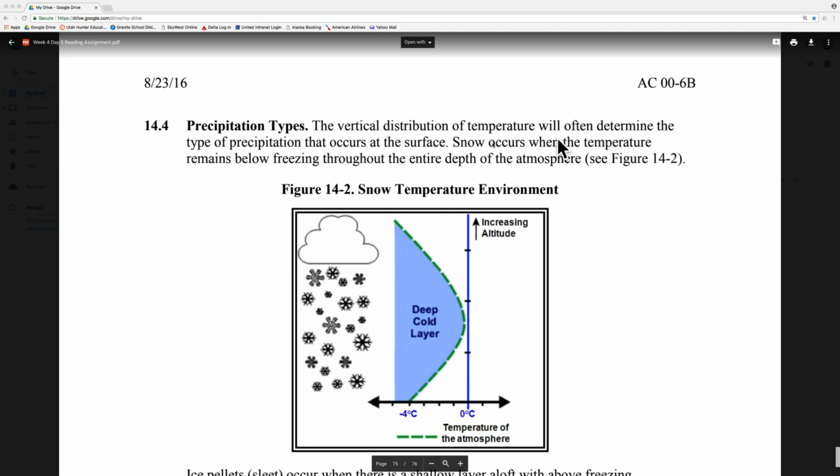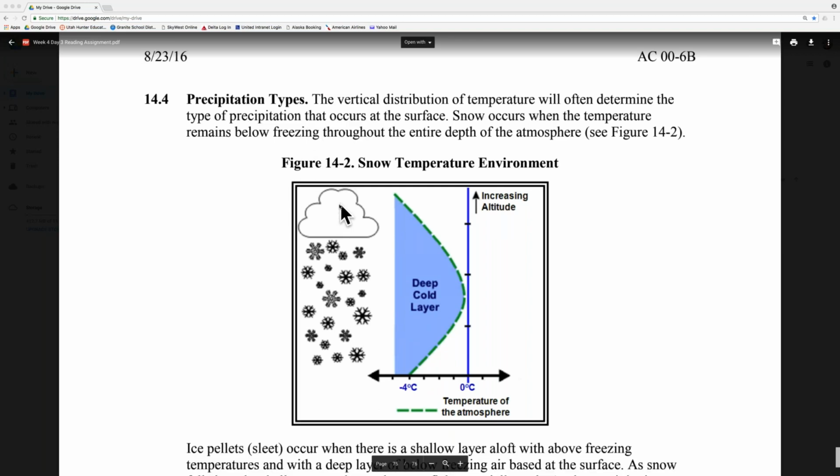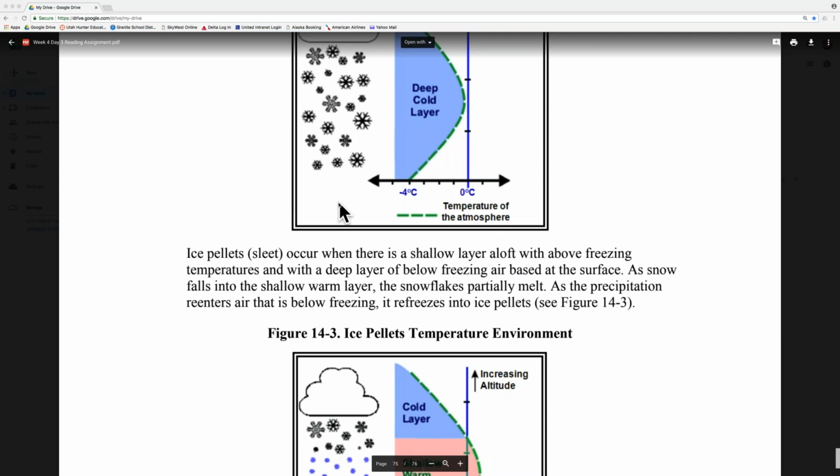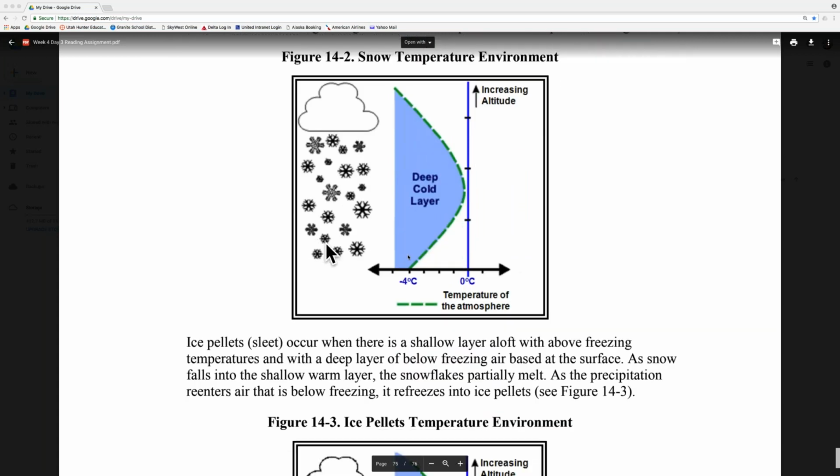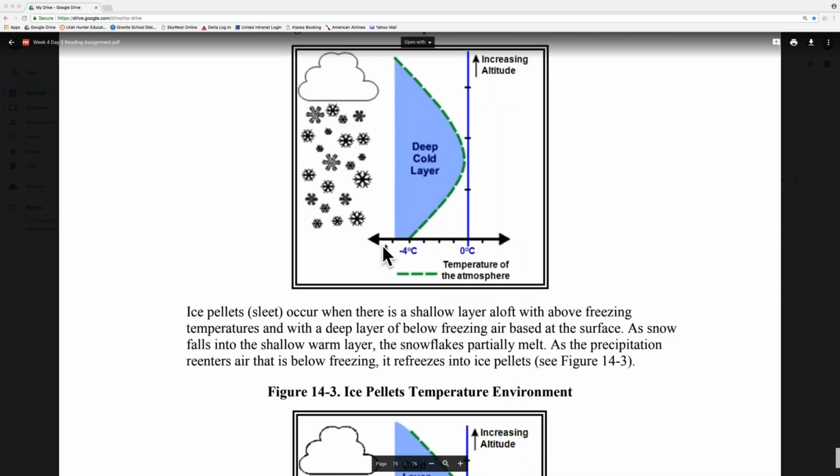So snow is just where it's colder, right? You get ice pellets that occur when there's a shallow layer aloft with above freezing temperatures and a deep layer of below freezing air based at the surface.